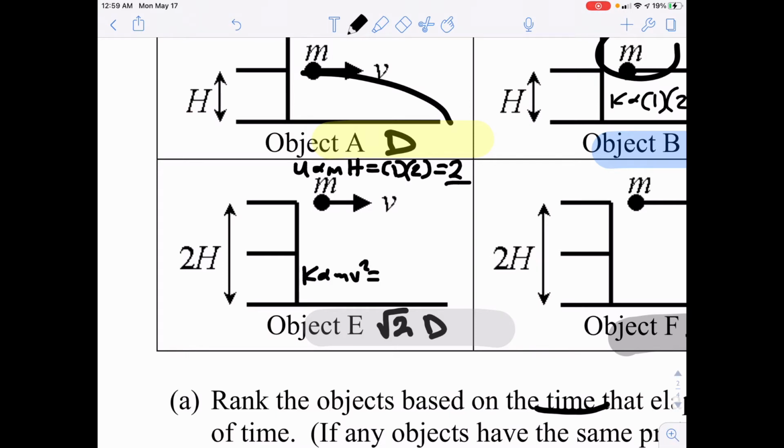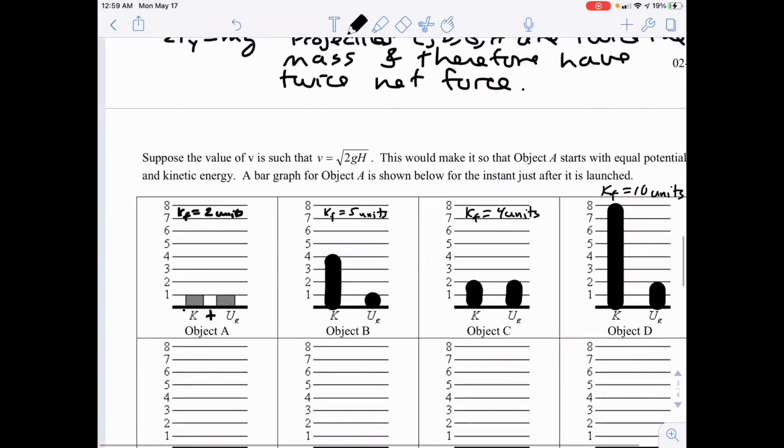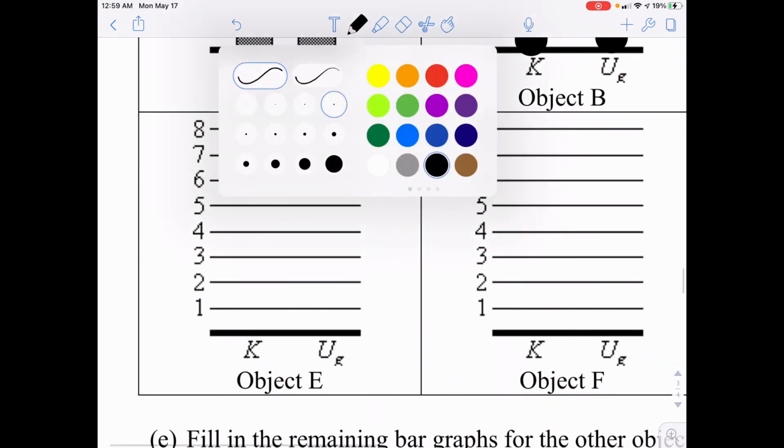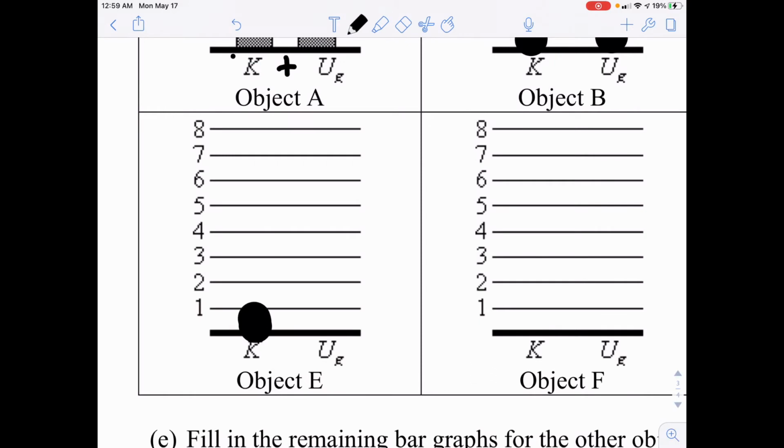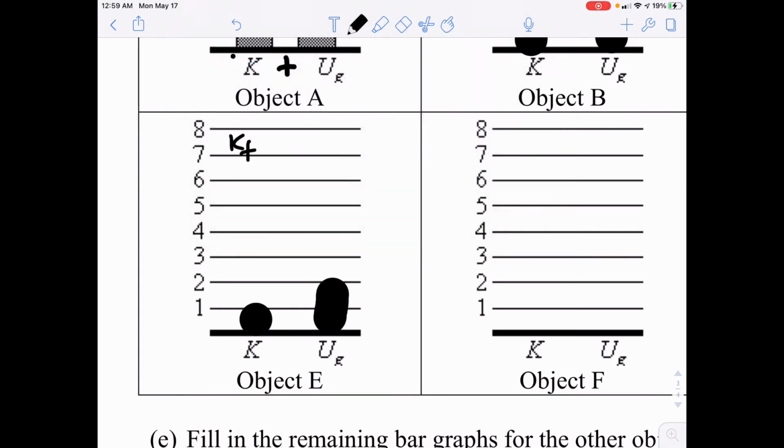So we have 1 mass unit and 1 velocity unit, so a kinetic energy of 1. So potential energy of 2, kinetic energy of 1. And the final kinetic energy would be the sum of those 2, or 3 units total.